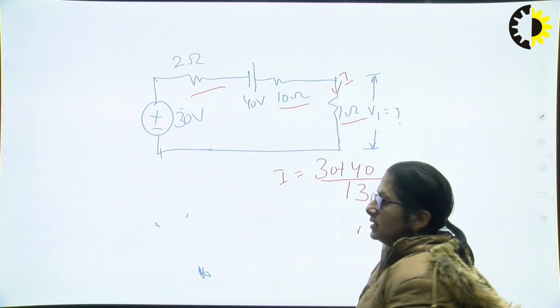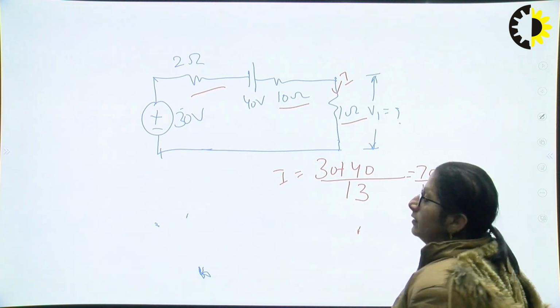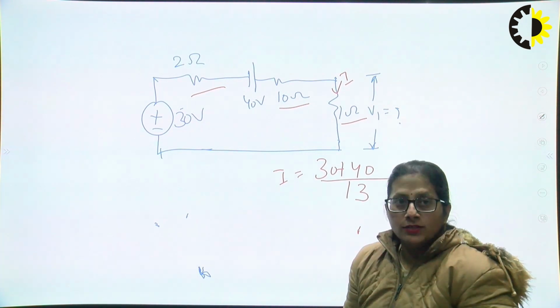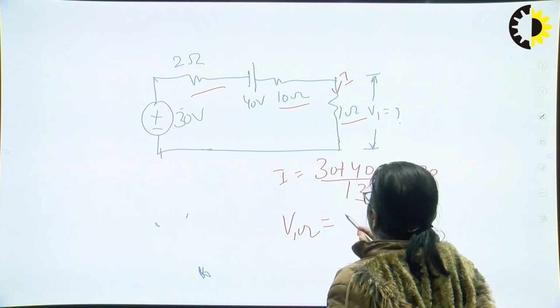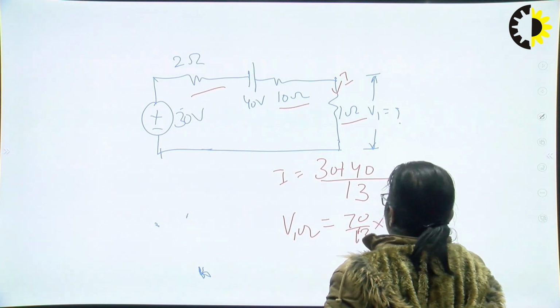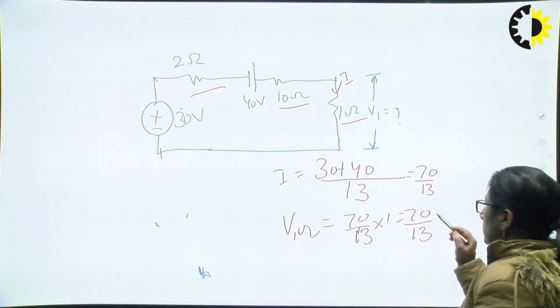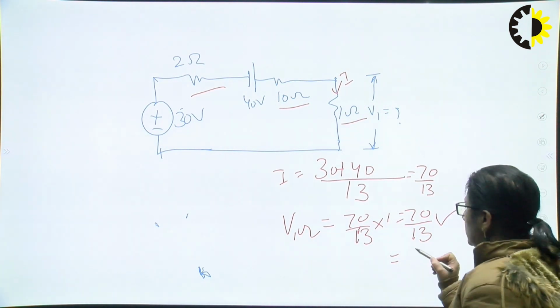So the current is 70 upon 13. Once again, what is the voltage across 1 ohm? I need to multiply the current with just 1 ohm. So it is going to be 70 upon 13 volts, which is 5.38 volts.